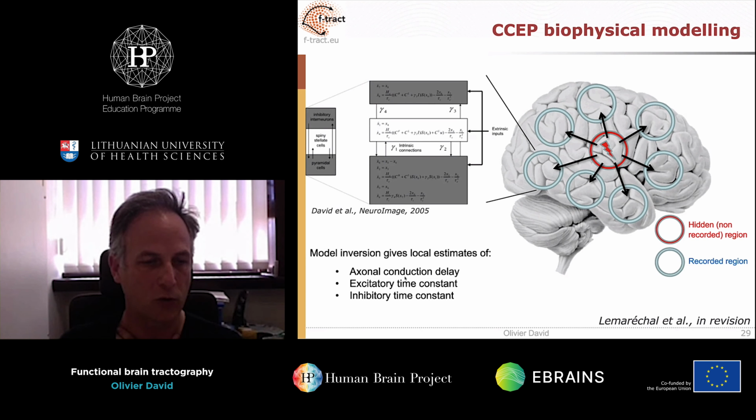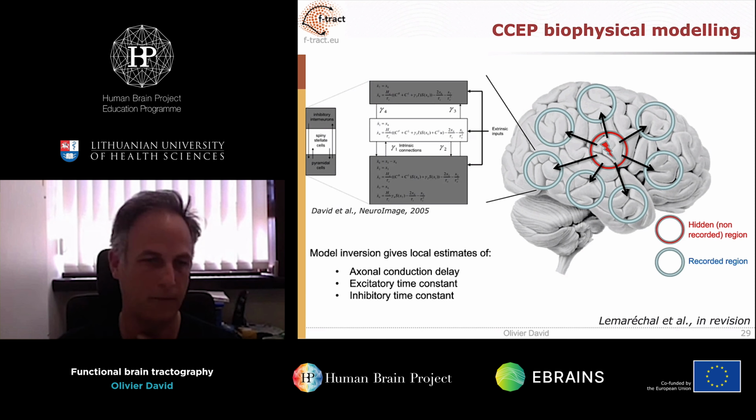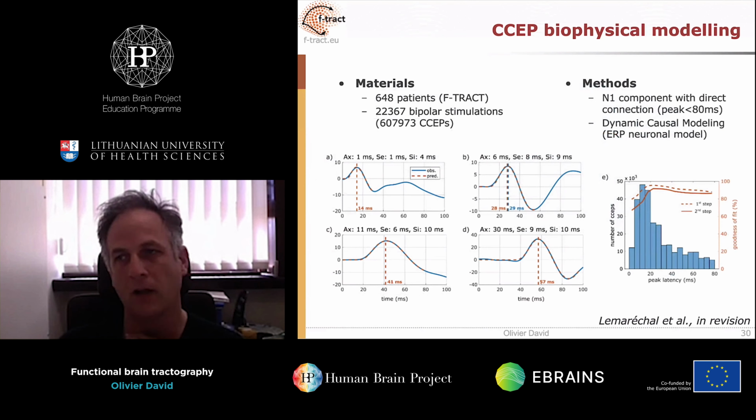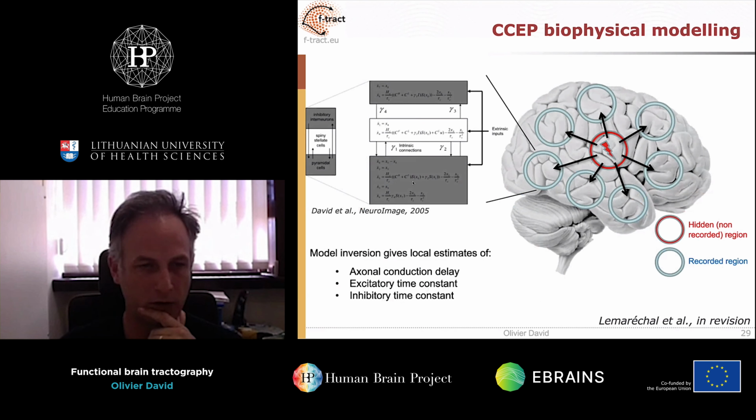Those models include explicitly, in the equations, the axonal conduction delay, and also the excitatory and inhibitory time constants of the neuronal population that created the SEEG signals. There are methods to invert the model and to estimate the connectivity parameters of this model.